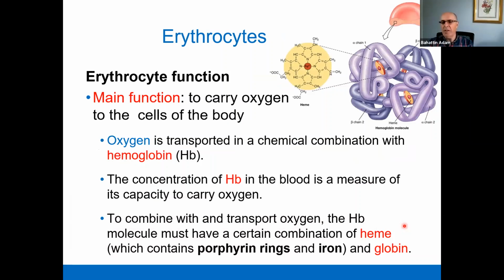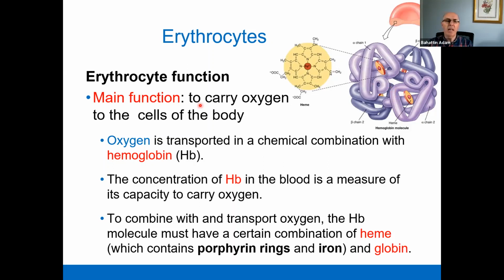Now let's start with the erythrocytes. The structure and the function of the erythrocytes is really, really important. As on these diagrams, maybe 99% of the content of the erythrocytes is hemoglobin, a protein.